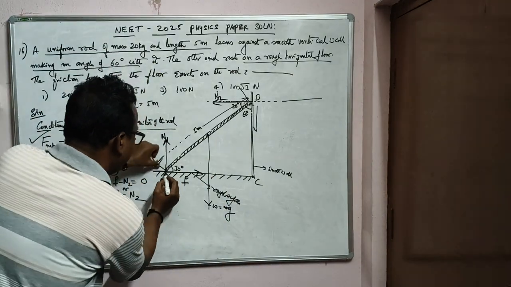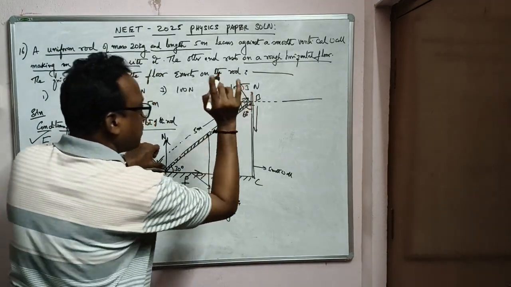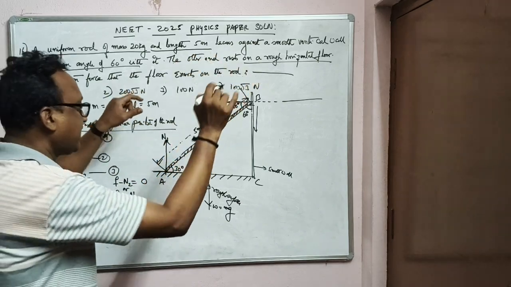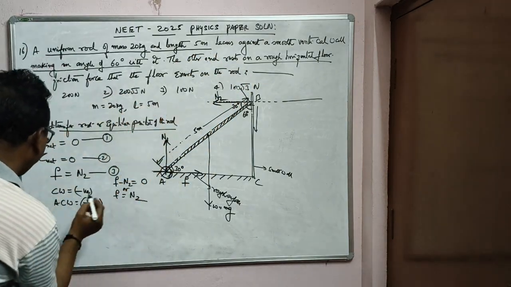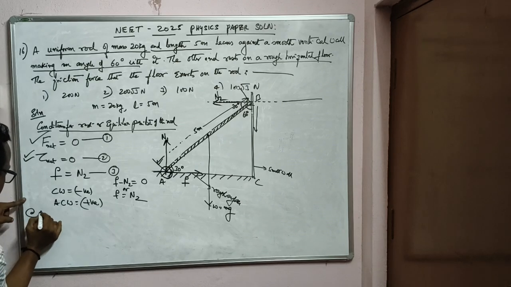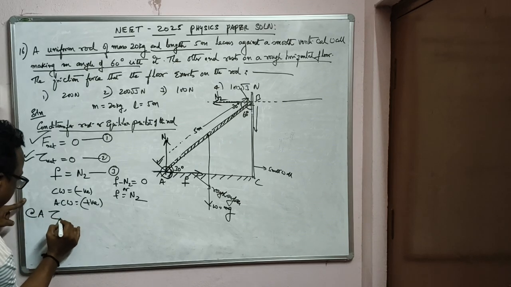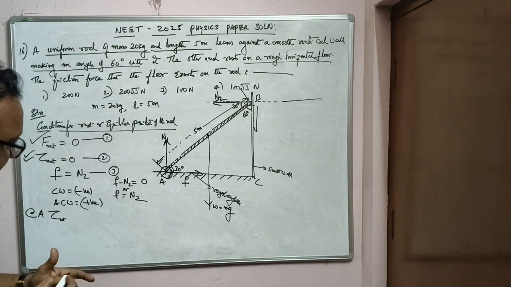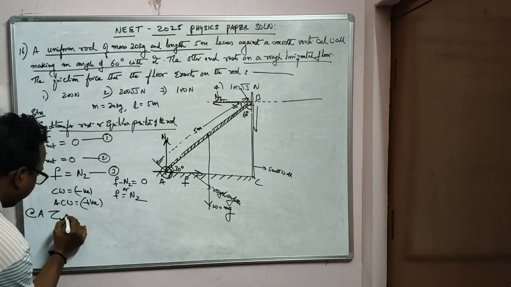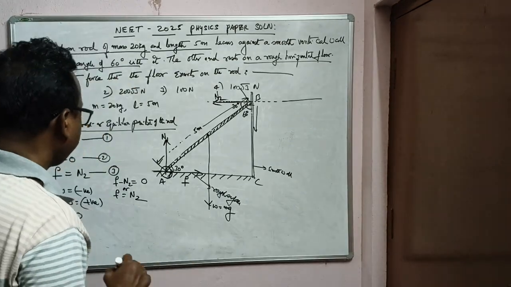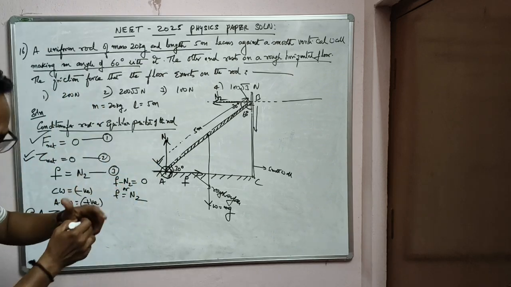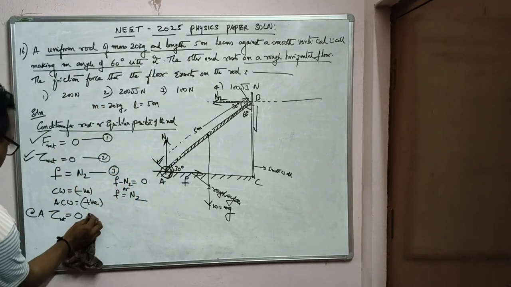First of all, you have to see here, point A and point B, two points are there. I will take A as the reference point, the torque with reference to A.